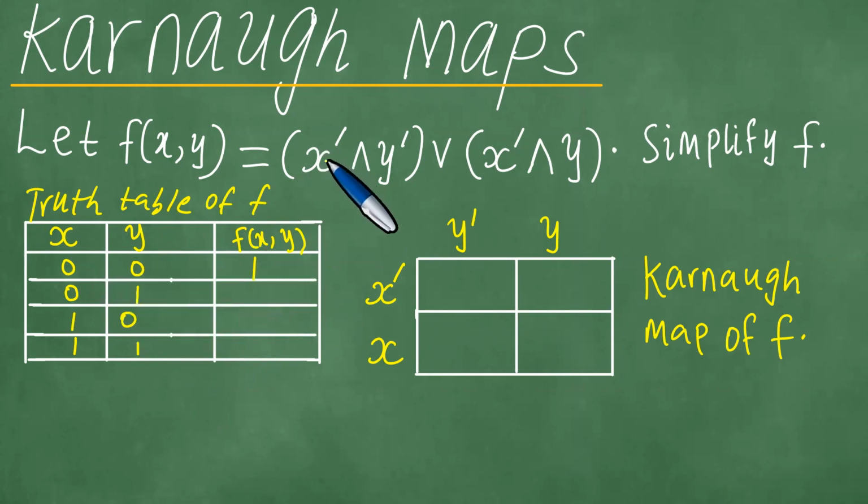Now, a couple of things that we need to learn here. If you put here the 0, 0, here you have not 0 and not 0, it's a 1. Or this, which is a 1. So here you come here, not 0, it's a 1, and 0, which is a 0. But here you come and say not 0, it's a 1, and a 1, which is a 1. Put a 1 here.